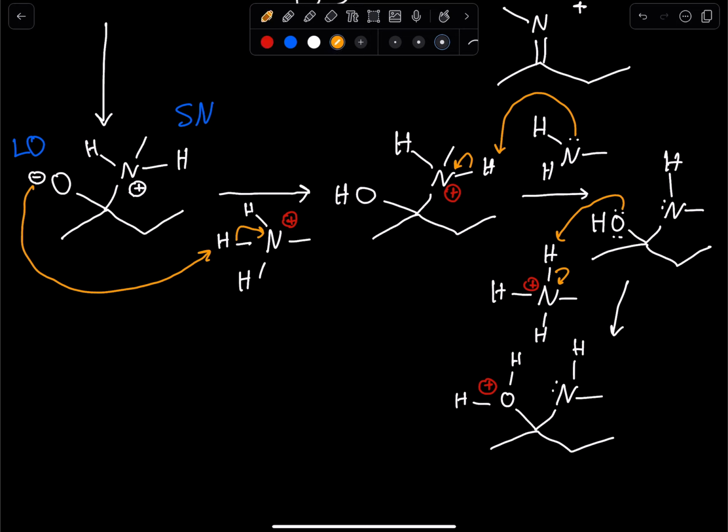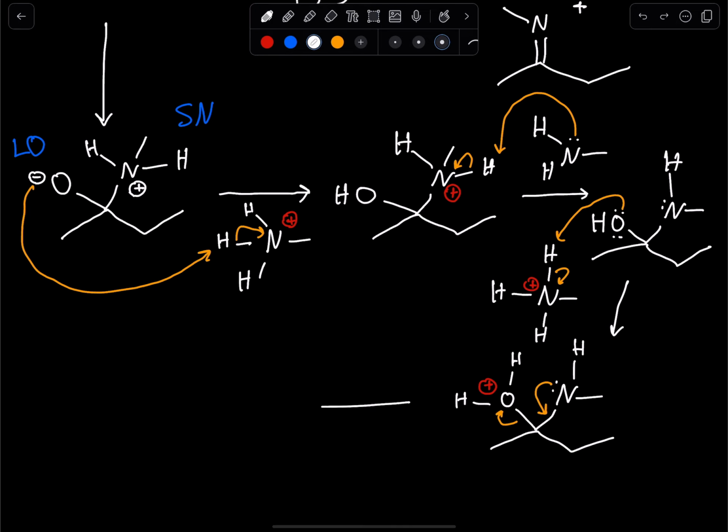Now, when we take electrons from the nitrogen and bring them down, this leaving group is a water molecule. It's fairly stable, a lot better than if we had left hydroxide.